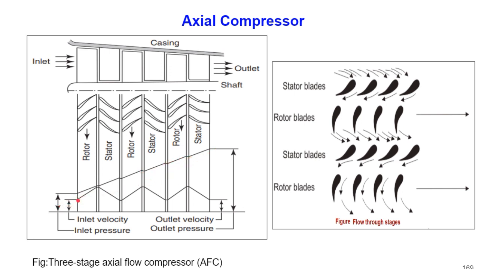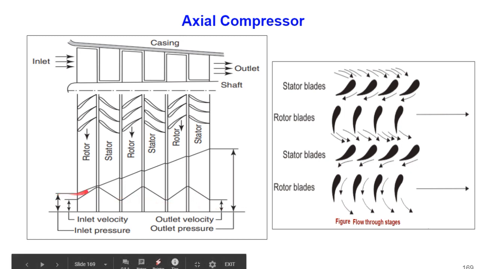But velocity increases in the rotor, reduces in the stator, and again increases. So this is the velocity profile and this is the pressure profile. This is one pair, one stage, then the second stage. In the figure a three stage compressor is shown.